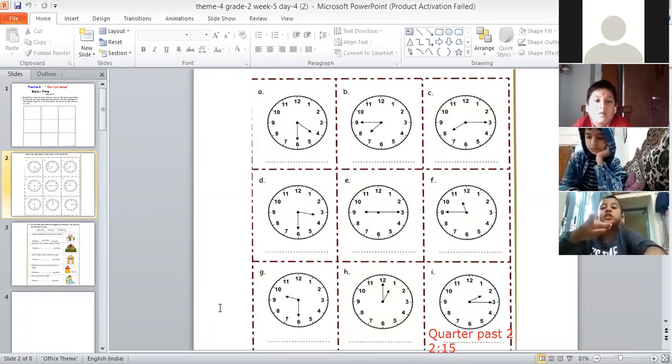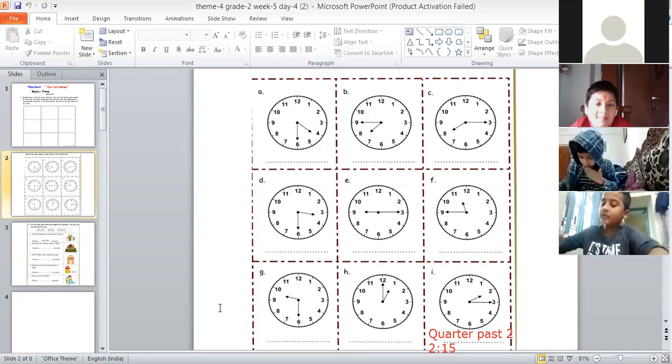Now do one thing, open page number 27 of your math course book. Write date and class work on page number 27. Quickly. Please open page number 27 of your math course book.